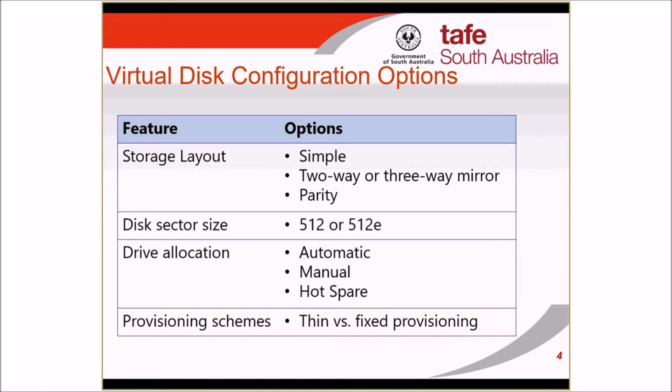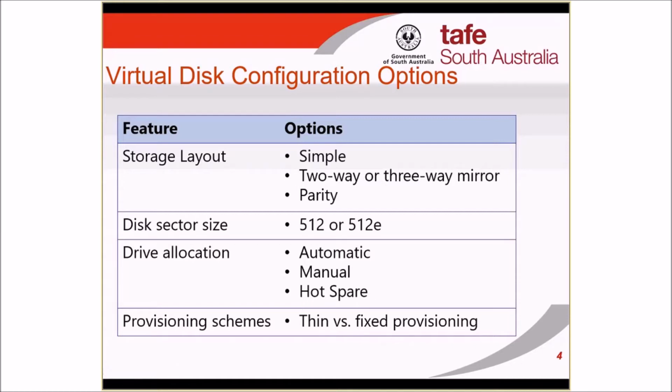But if we have this hot spare, it can just jump in because it's hot, meaning it's running. It provides the redundancy again. All the lost data will be reconstructed on this hot spare, and it will become redundant again.